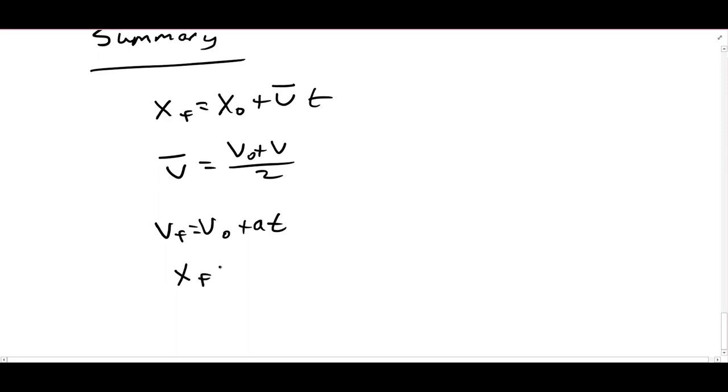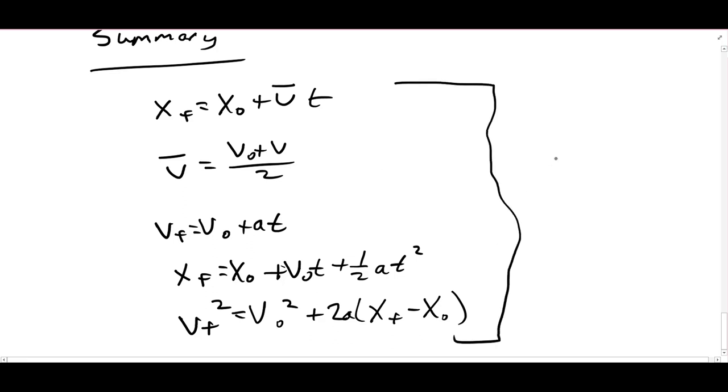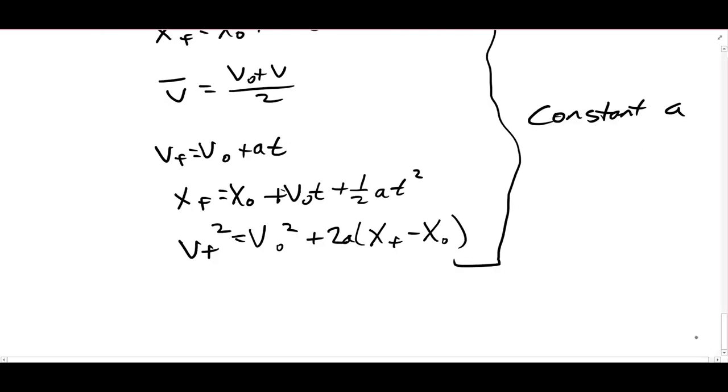We have x final equals x initial plus v naught t plus 1/2 at squared. And we have v final squared equals v initial squared plus 2a (x final minus x initial). Constant a on all of those. So those are all the equations. Okay.